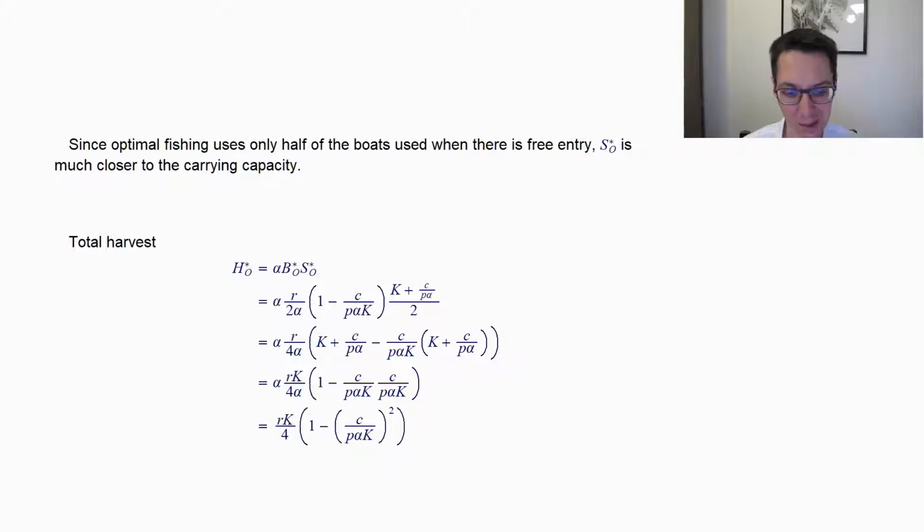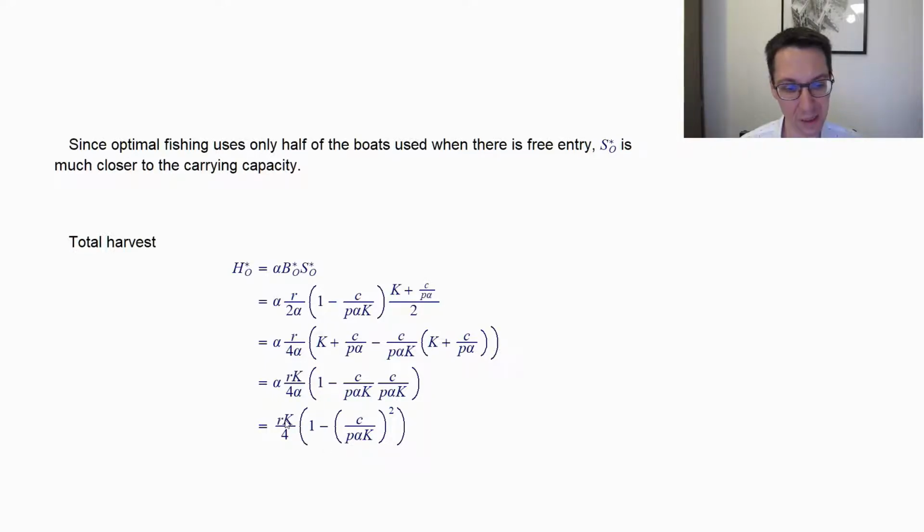But let's appreciate the fact that, first of all, notice that P alpha K is larger than C by assumption, because we want the fishing activity to be profitable if there's only one or a slight fraction of one boat in the sea. So P alpha K has to be larger than C. So this is positive.